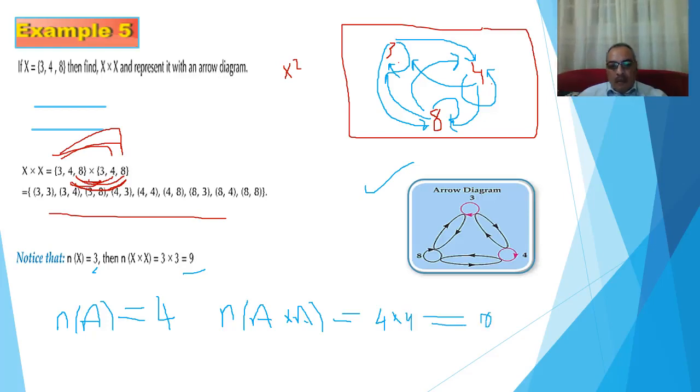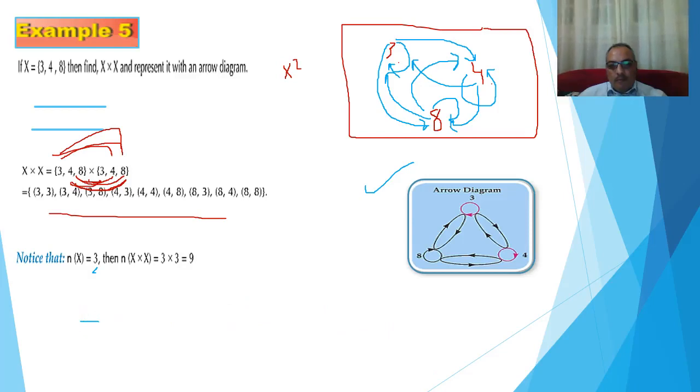And an example. If the number of elements of the product set x and y is 12, and the number of elements of x is 4, what is the number of elements of y?